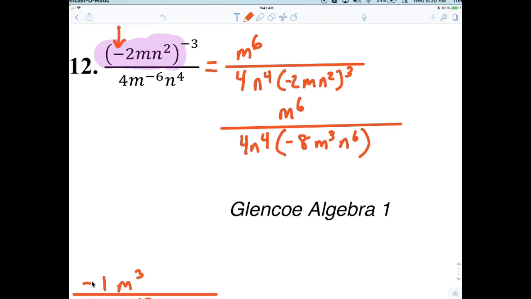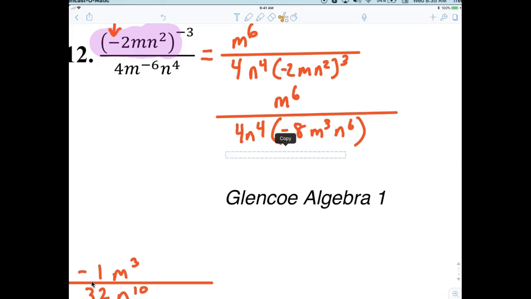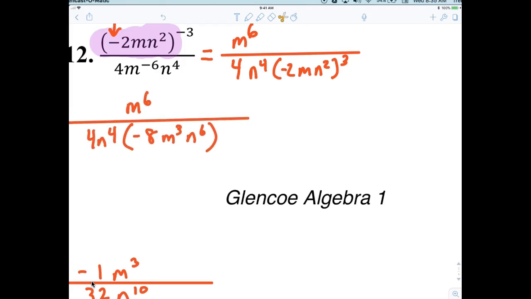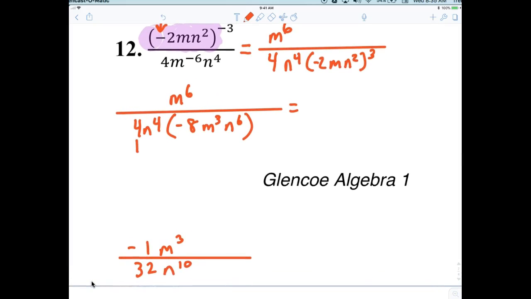All right. So now I'm going to simplify again. What I'm going to do is slide this over so we can see it better. So now equals, 4 times negative 8. What is that?